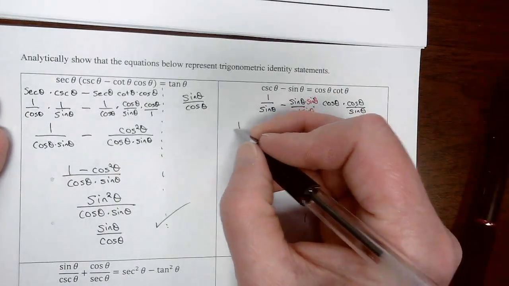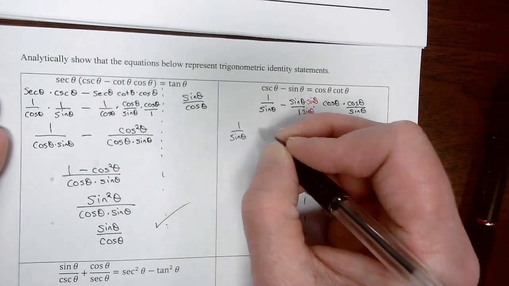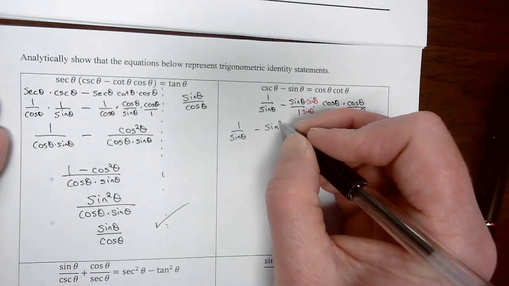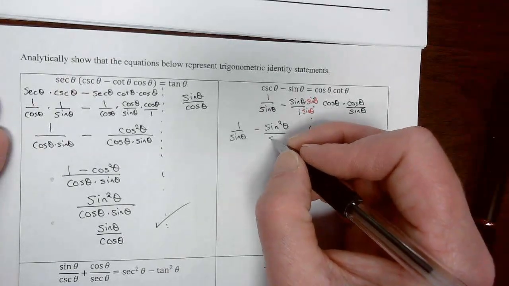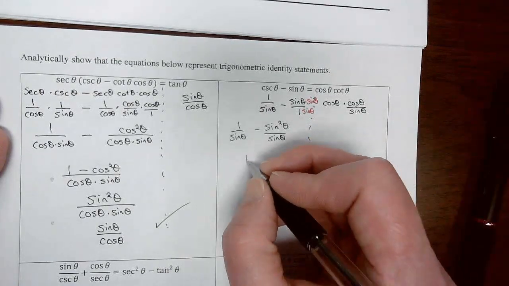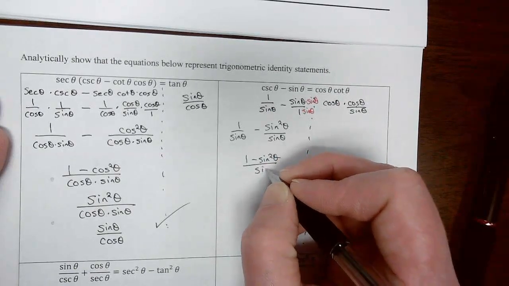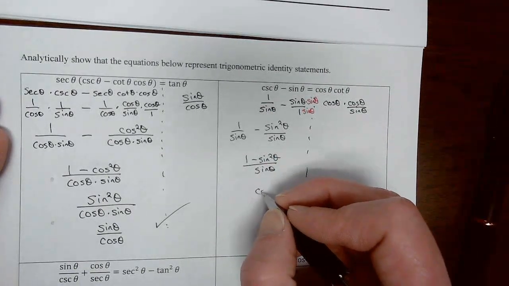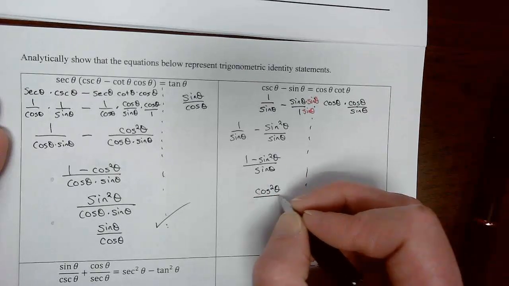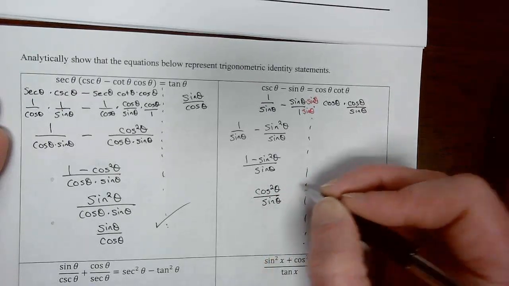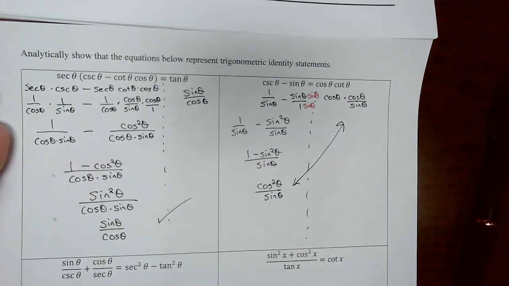So I'll have 1 over sine theta minus sine squared over sine theta. That's 1 minus sine squared over sine theta. Oh, cosine squared theta over sine. That matches.